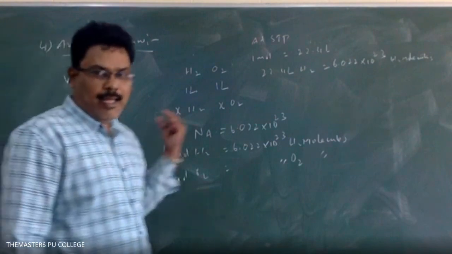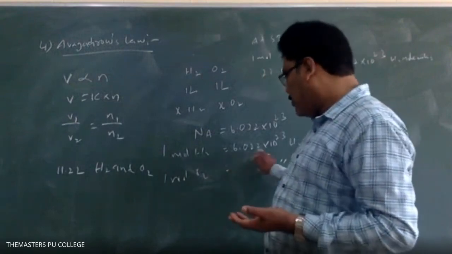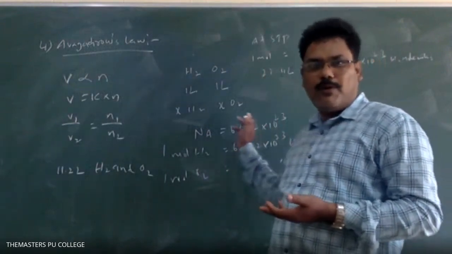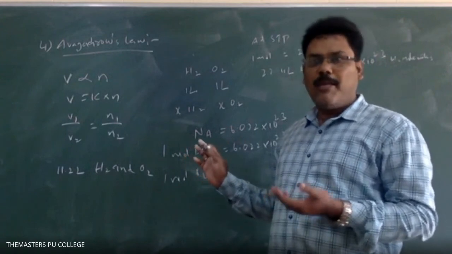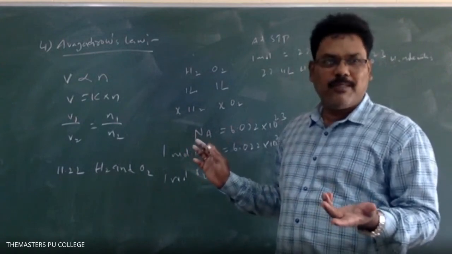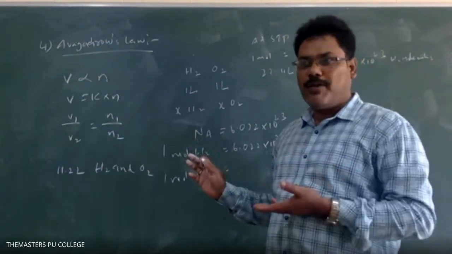That means 0.5 moles is 0.5 into 6.022 into 10 power 23, that is 3.011 into 10 power 23 gas molecules.